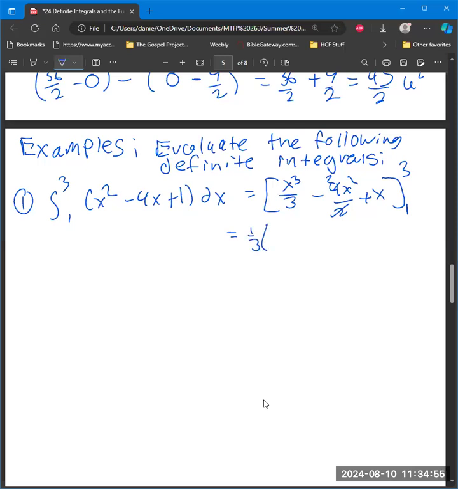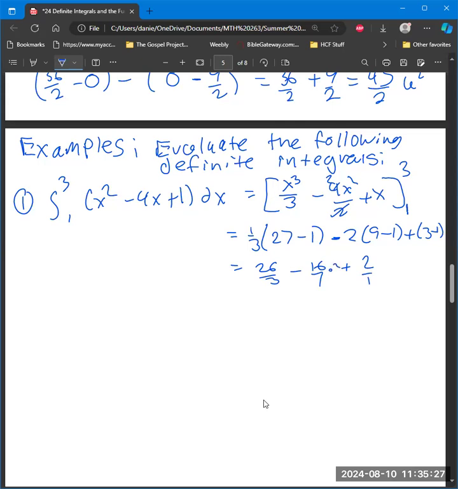1/3 of 27 minus 1, minus 2 times 9 minus 1, plus 3 minus 1. I'm just putting in those upper limit and lower limit for each one of the x's there with the constant multiplier out front. So this is 26 over 3, 8 times 2, that's minus 16 over 1, plus 3 minus 1, which is 2 over 1.